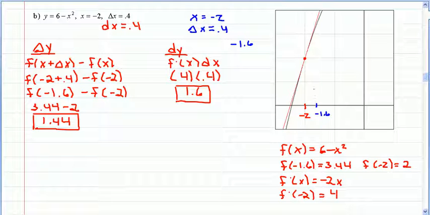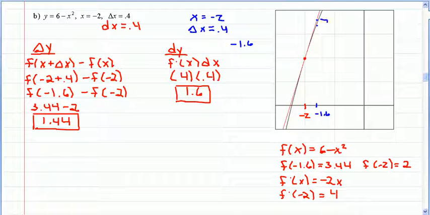And the y-coordinate that corresponds to it on the function is right about here. And the y-coordinate that corresponds to the tangent line is right about here.